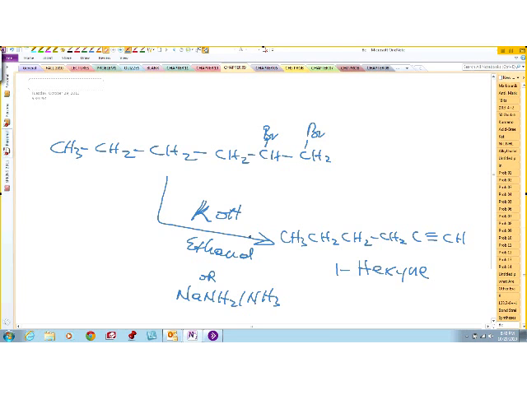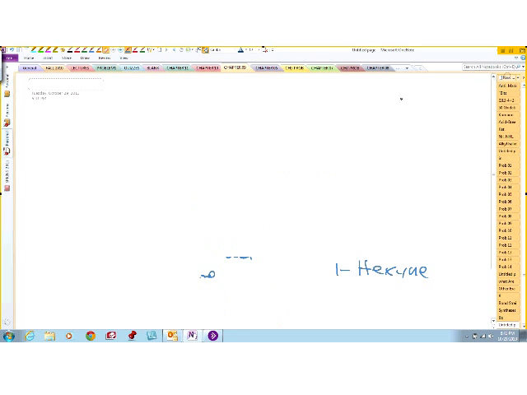Now let us go to the reactions of alkynes.